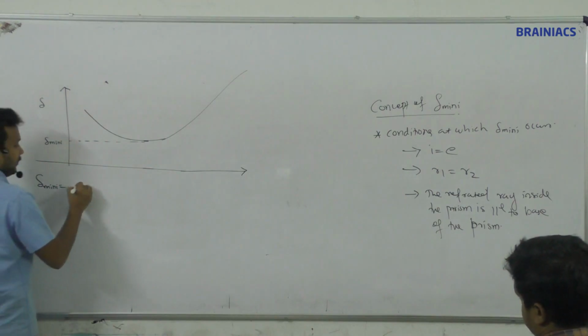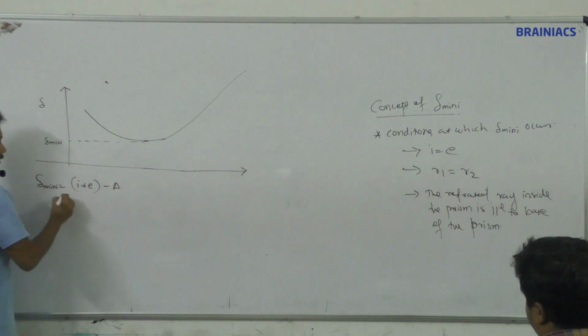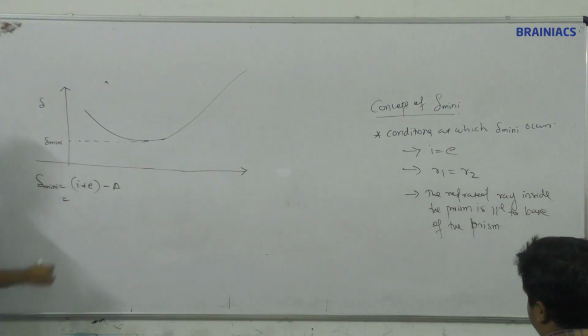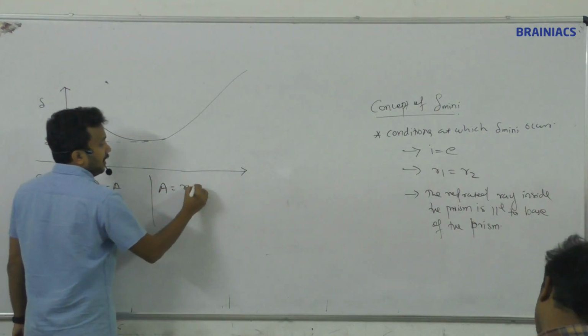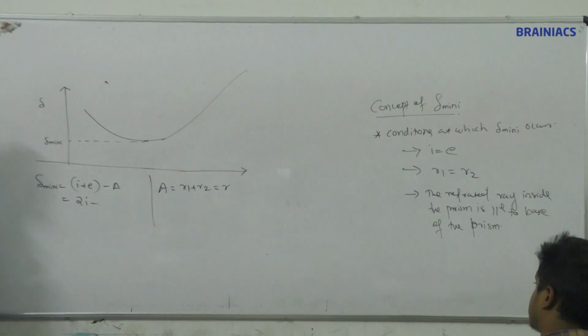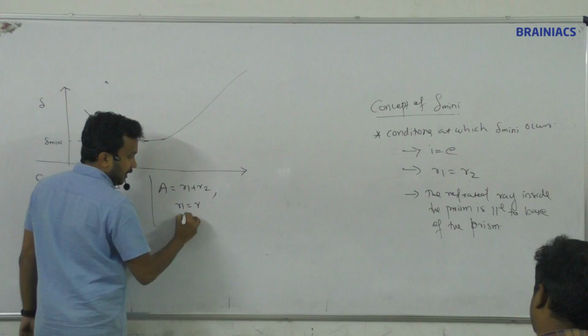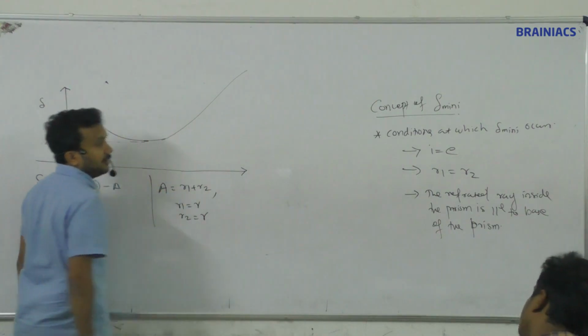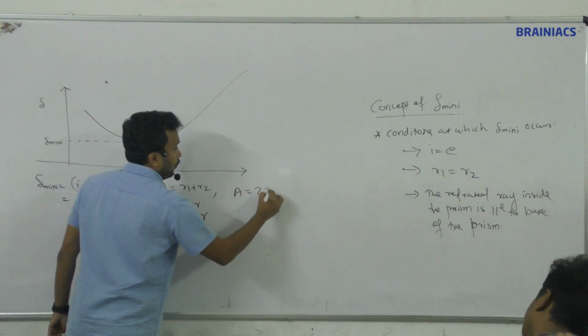What is the general equation? Delta equals I plus E minus A. Correct? So I is equal to E, so I can write it as 2I. For example, delta minimum equals 2I minus A. Additionally, A is equal to R1 plus R2, and R1 equal to R, R2 is also equal to R because R1 and R2 are equal, so A is equal to 2R.